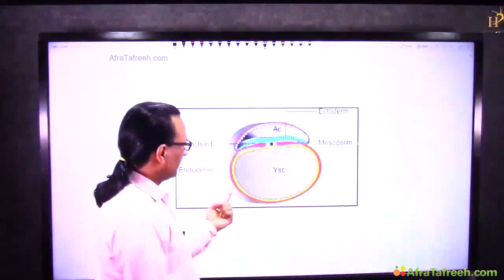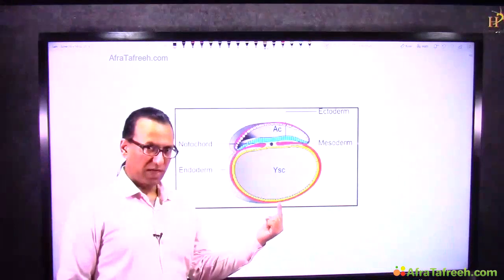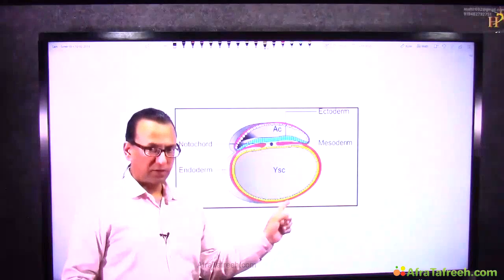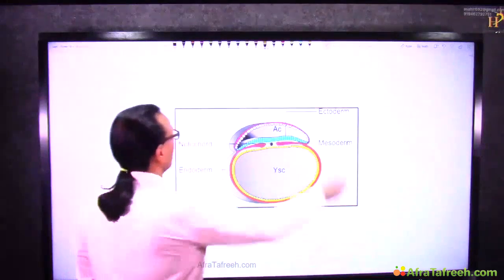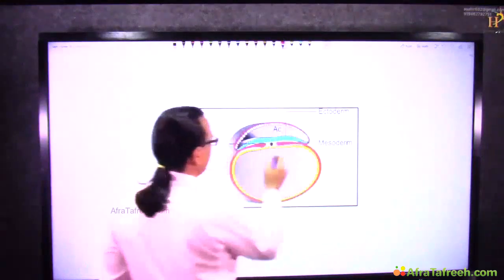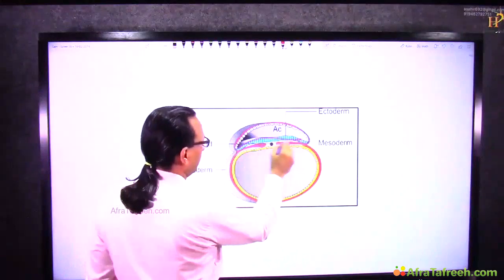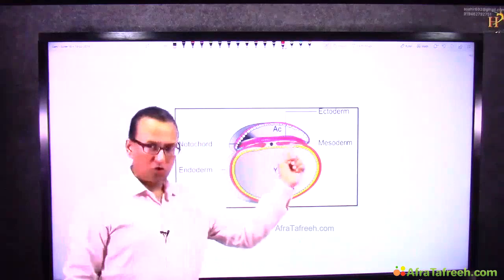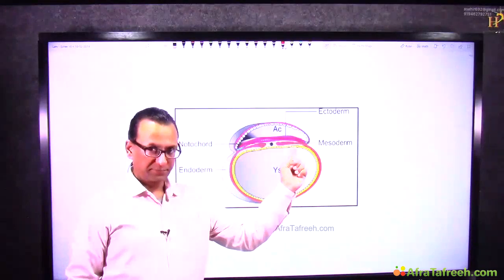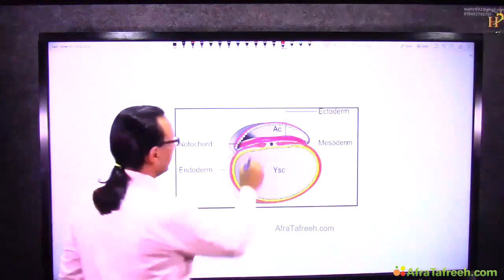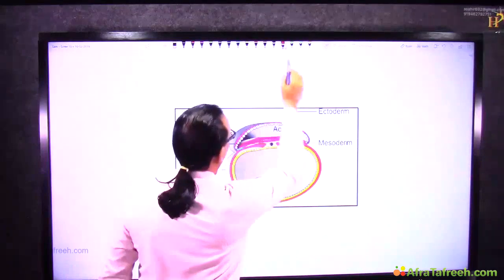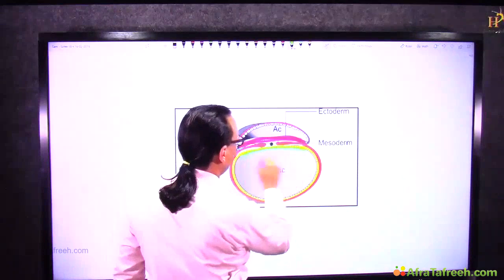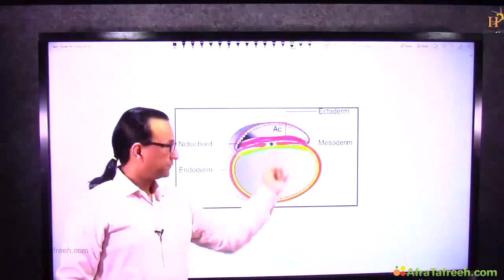You will notice that this is a transverse section of the embryo showing the three germ layers after gastrulation. This is the ectoderm, which is lying at the floor of the amniotic cavity, whereas this is the endoderm, and the endoderm is lying at the roof of the yolk sac cavity.